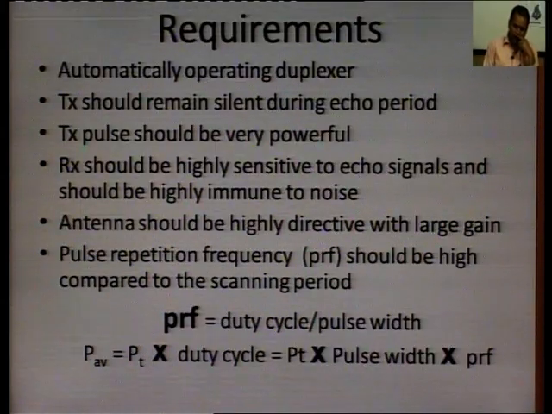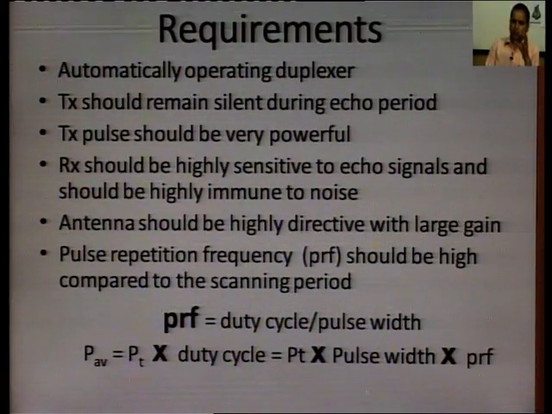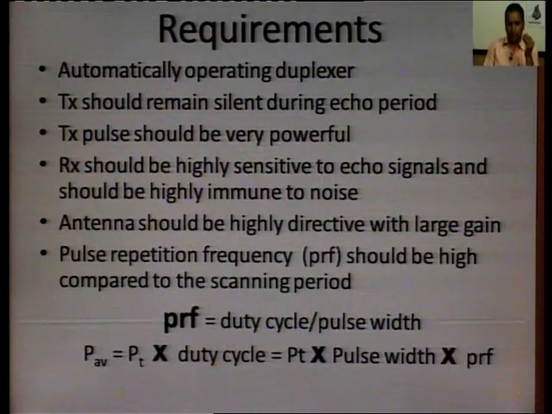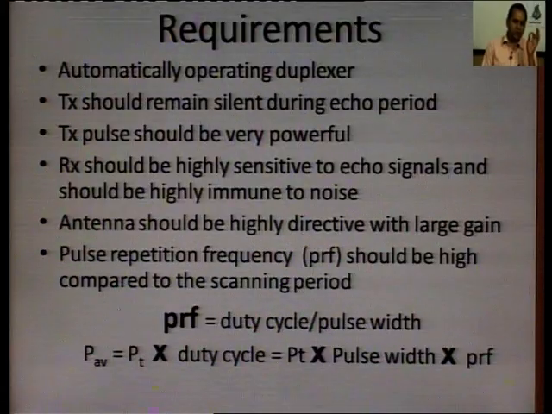So, a lot of power is lost during its journey from the antenna to the target and the target to the antenna. So, the receiver should be highly sensitive, because the echo signal normally is very weak. It should be sensitive enough to detect that signal, and it should be highly immune to the noise also. The receiver should not respond to the noise, it should be able to differentiate between the noise and the actual signal.